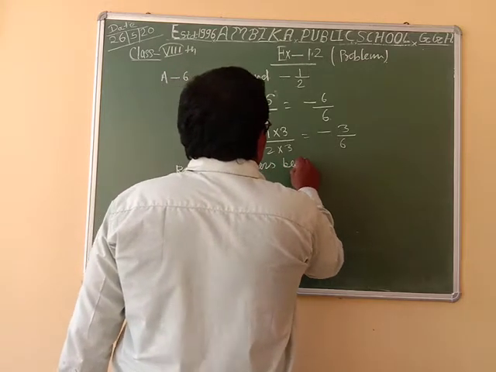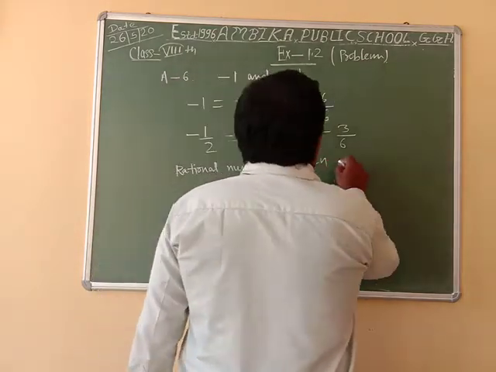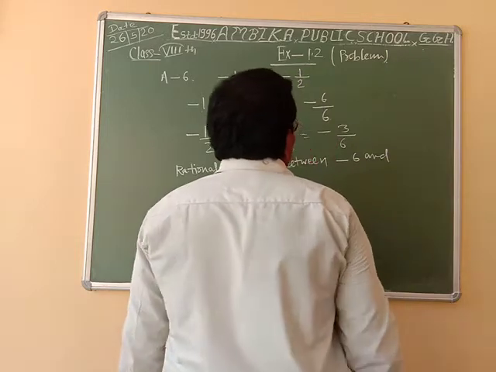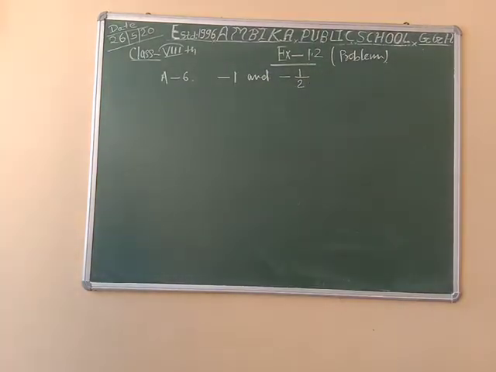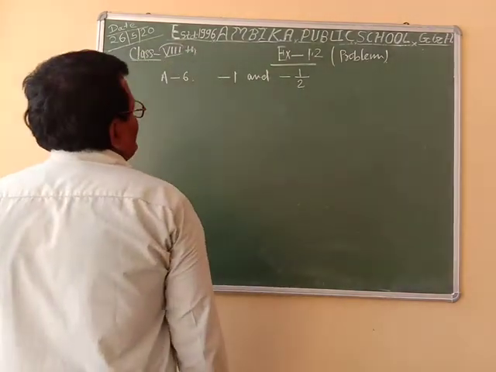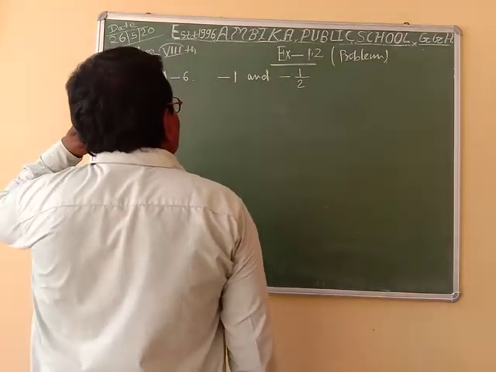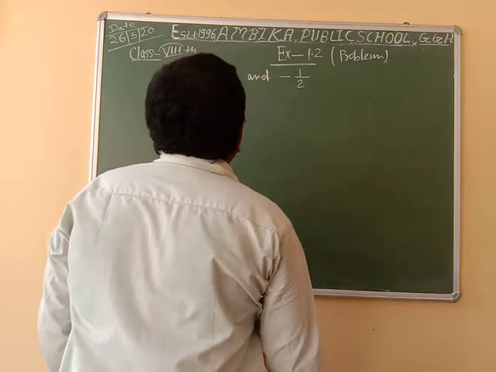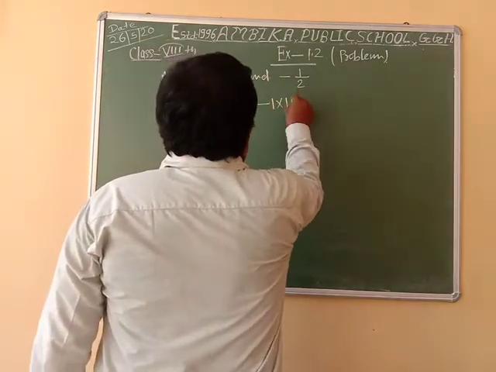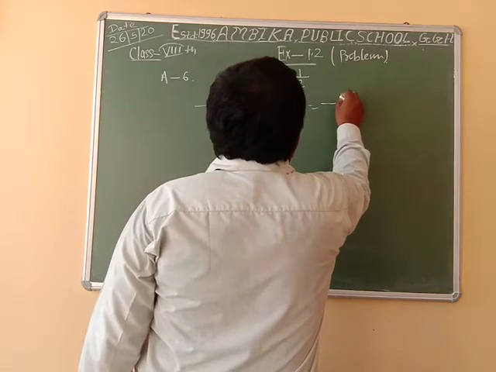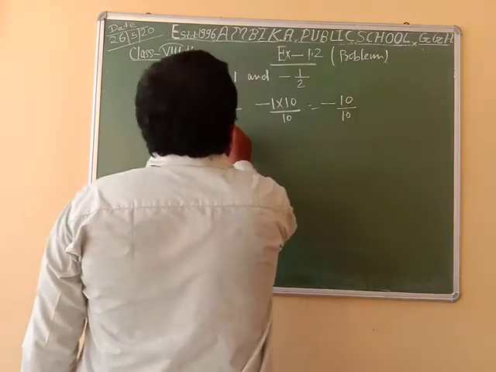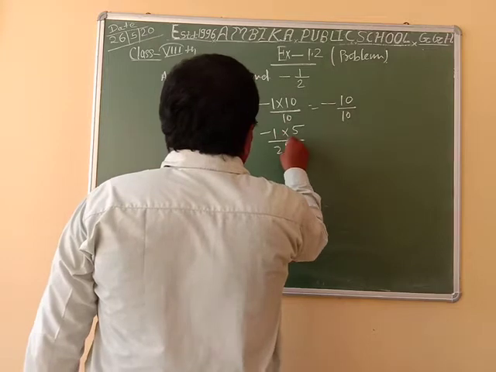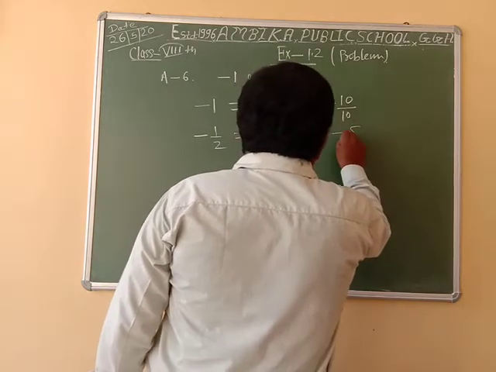First, between minus 1 and minus 1 by 2, making the denominator the same for both rational numbers, we can write minus 1 is equal to minus 1 into 10 by 10, is equal to minus 10 by 10, and minus 1 by 2 is equal to minus 1 into 5 by 2 into 5, is equal to minus 5 by 10.